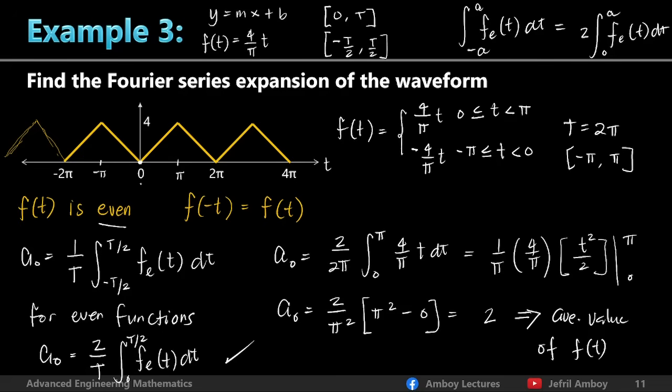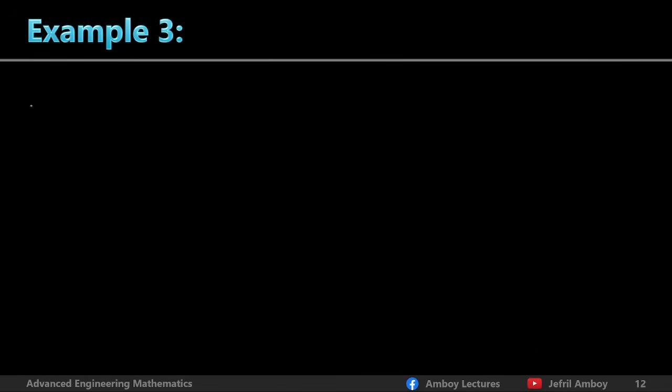Now, after this, what is the next step? The next step is to solve for an. Let's write the formula for finding an. An is equal to 2 over t times the integral of the given function f of t times cosine. Remember, for an, we have cosine 2 n pi t over capital letter T dt.